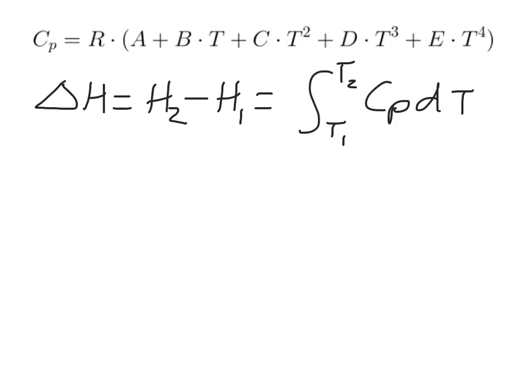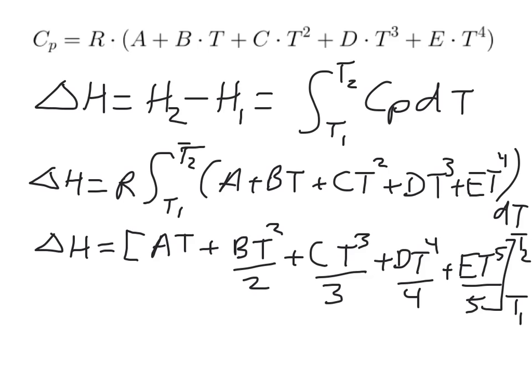So we go ahead and apply some integration here. If I write out all the equations, this is what I get. Delta H is equal to R times the integral from T1 to T2 of Cp dT. I take this equation for Cp, plug it in here, and integrate it, and if I did my integral correctly, which I believe I did, this is AT plus BT squared over 2 plus CT cubed over 3 plus DT fourth over 4 plus ET fifth over 5.